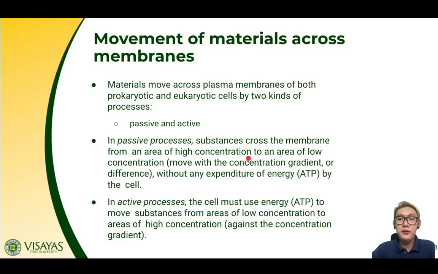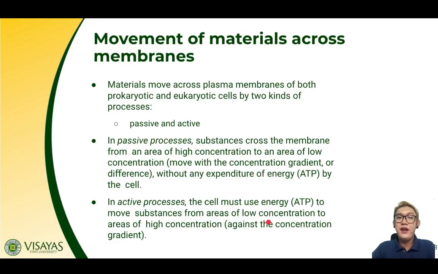So how do materials move in and out of the bacterial cell? Materials move across plasma membranes of both prokaryotic and eukaryotic cells by two kinds of processes, passive and active. In passive processes, substances cross the membrane from an area of high concentration to an area of low concentration. This is what we call a concentration gradient, or difference, without the use of energy.